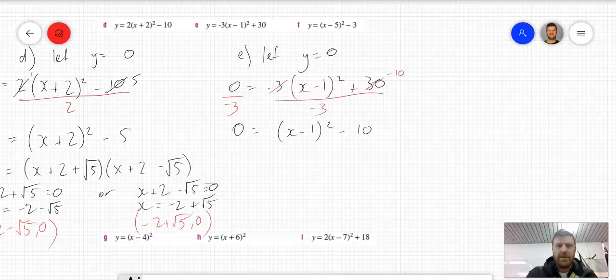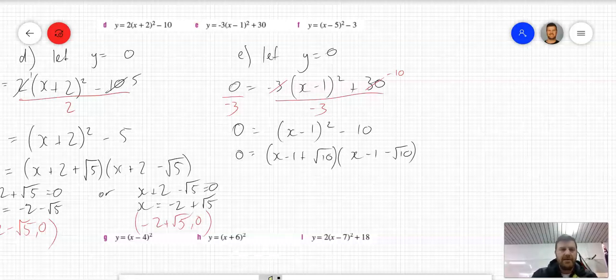So we can do this one. And again, difference of perfect squares. We're going to use surds because 10 is not a square number. So x take 1 at the front, plus root 10, take root 10.